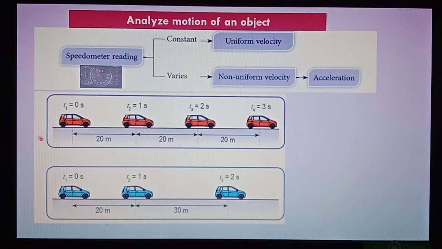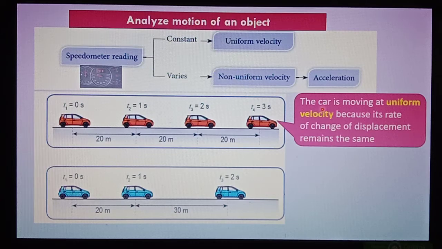Let's look at the first situation. You can look at the car at t1 equals 0 seconds. After 1 second, it travels 20 meter. After another 1 second, 20 meter. Another 1 second, 20 meter. So what can you say about the type of motion of the car?